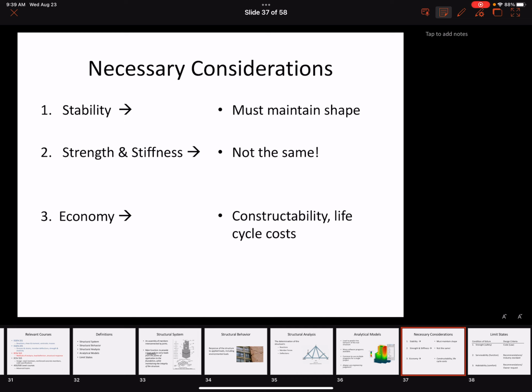But if you design a structure to be 100% optimized for material, it's going to be really difficult to build, so you're going to skyrocket those labor costs. There's a balancing act there. Essentially, the more materially efficient the design is, the more difficult it will be to build.